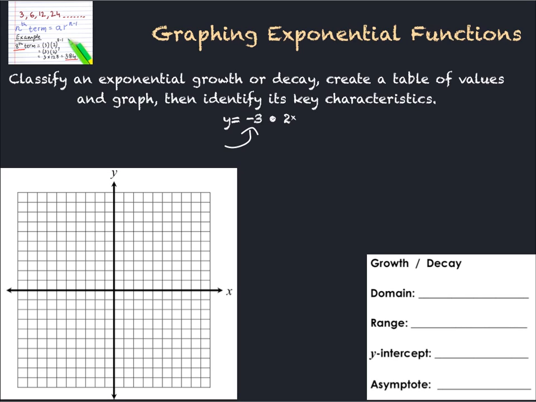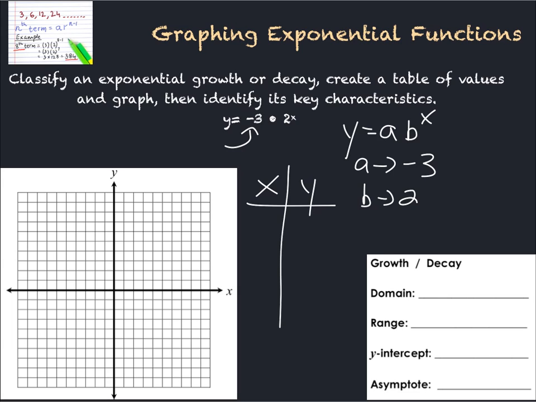So remember, the equation for an exponential function is y equals a times b raised to the x power, where a is going to be your starting point or your y-intercept unless we shift up or down. So in this case, our y-intercept is going to be -3. That's going to be our starting point. And our b, our multiplier, is going to be 2, which means we're multiplying by 2.